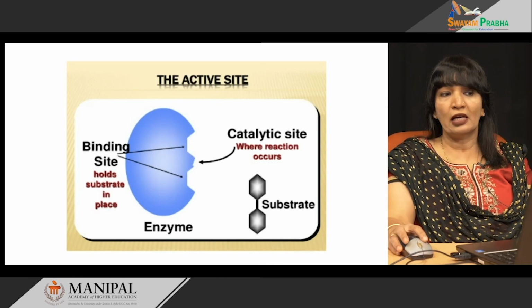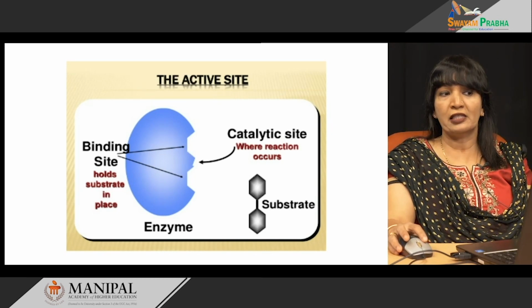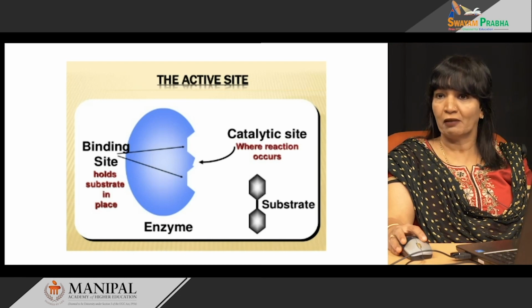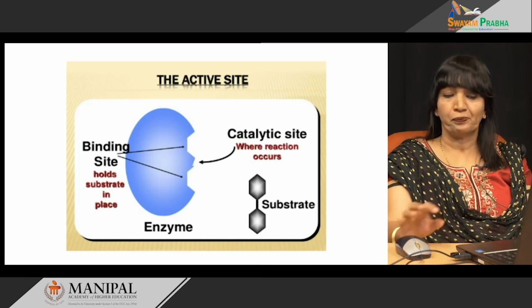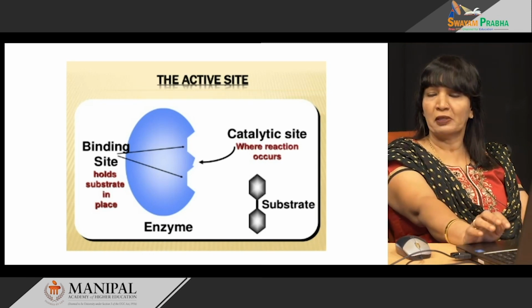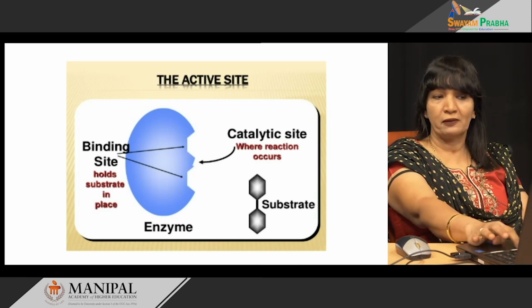Okay. So, these small crevices are the binding site which holds my substrate. See, the shape of the substrate is such that it will exactly fit into this small area, which is nothing but the active site, and this area is the catalytic site where the reaction occurs. So, this is just a representation of the active site.